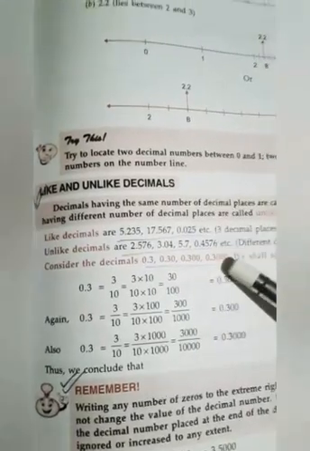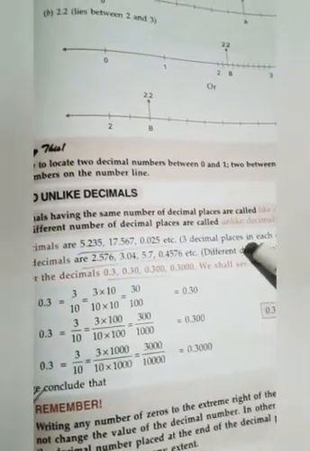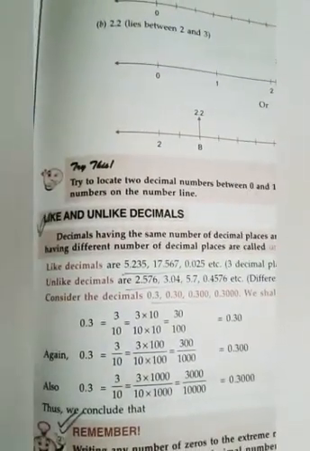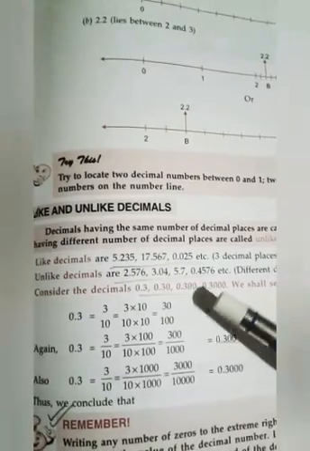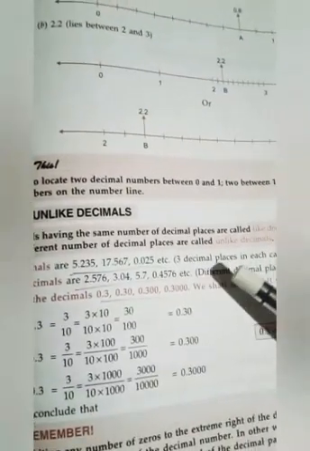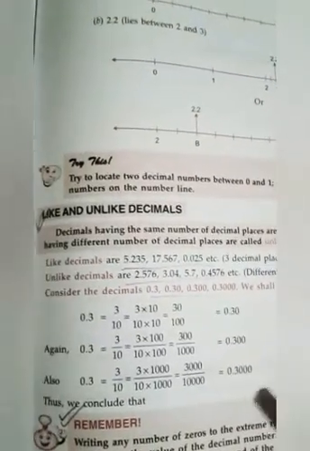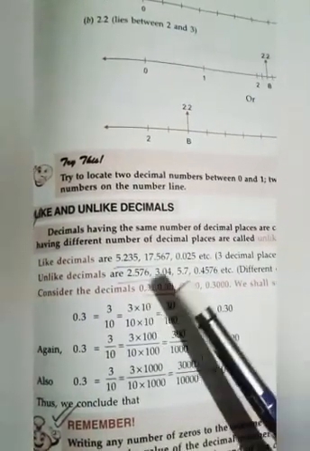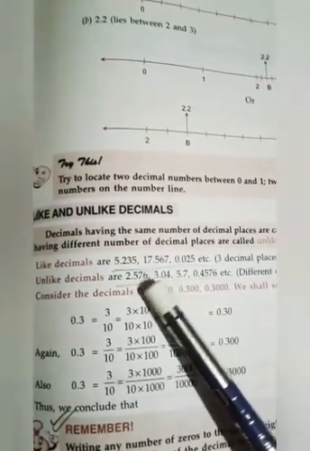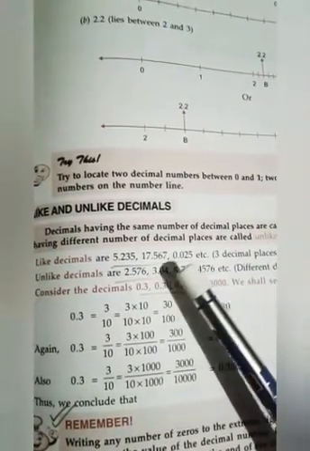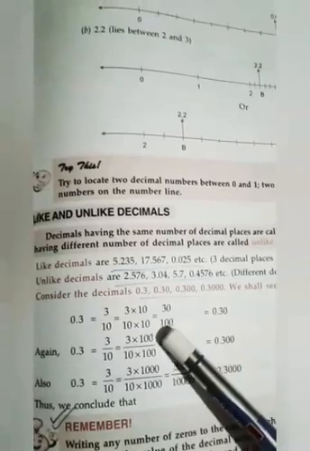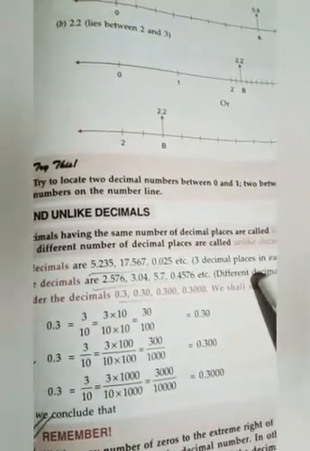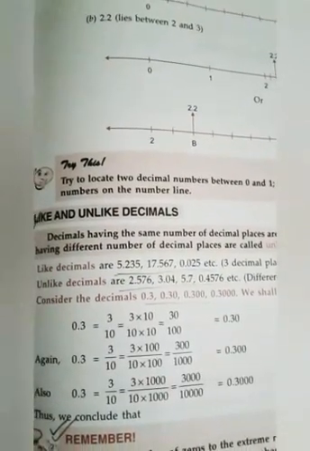Decimals having the same number of decimal places are called like decimals, whereas decimals having different numbers of decimal places are called unlike decimals. So examples of like decimals are 5.235, 17.567, 0.025, etc. Children, here you see all have 3 decimal places in each case.